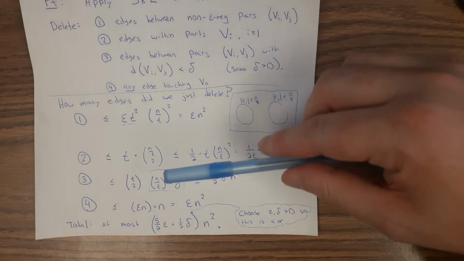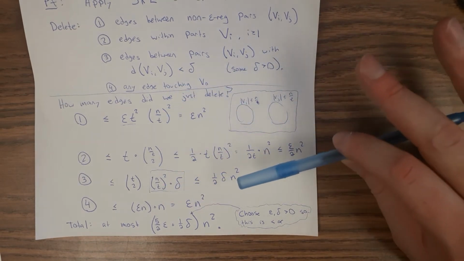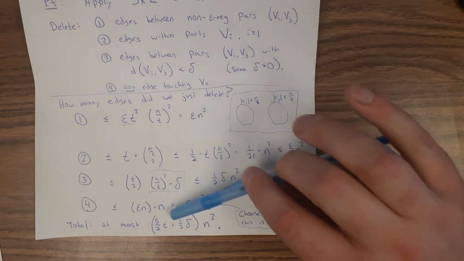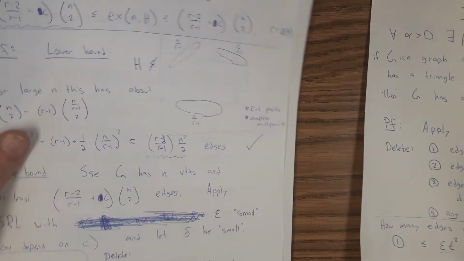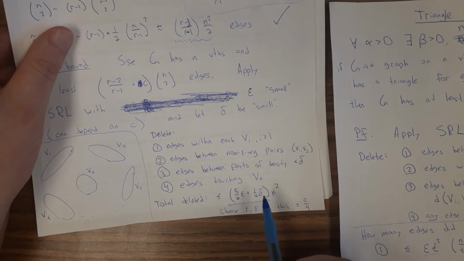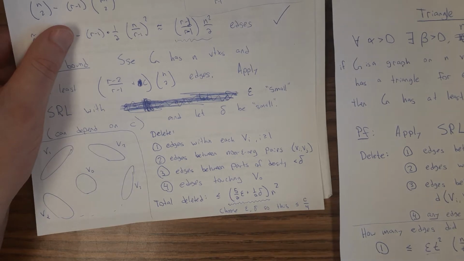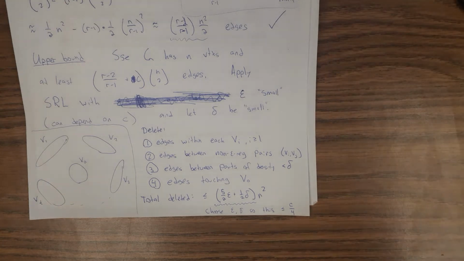And if you forget why that was, go back and review these notes. But I'm just going to steal that answer because I don't want to go through it again. So the total number of edges we just deleted from our graph is at most that much. And this gives us a little hint.